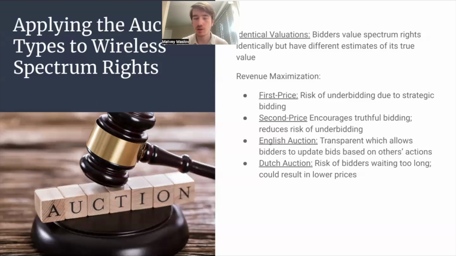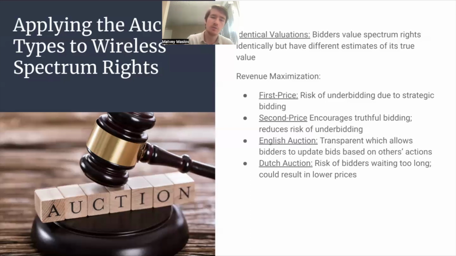The English auction is transparent, which allows bidders to update bids based on other actions. With the Dutch auction, there is a risk of bidders waiting too long, which could result in lower prices, and could also prompt conspiracy theories that they were waiting on purpose and everything was planned in advance. In the English auction, that would be impossible.